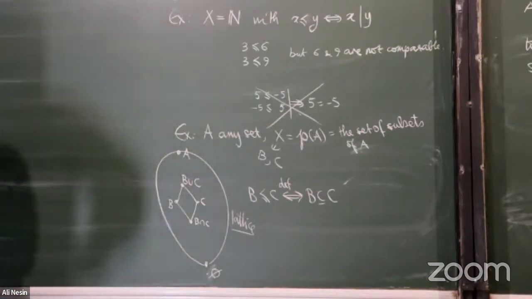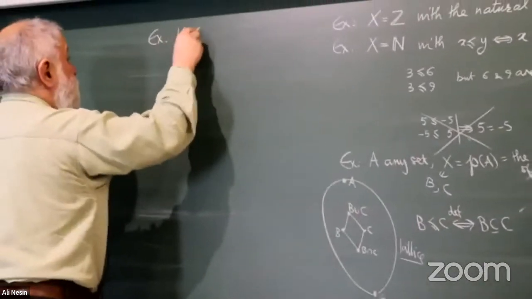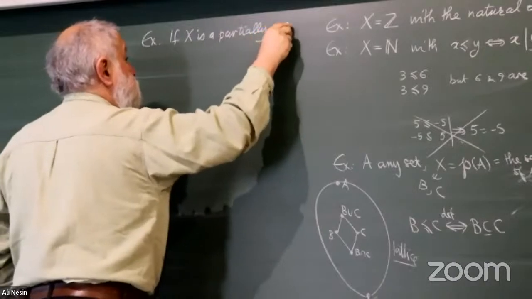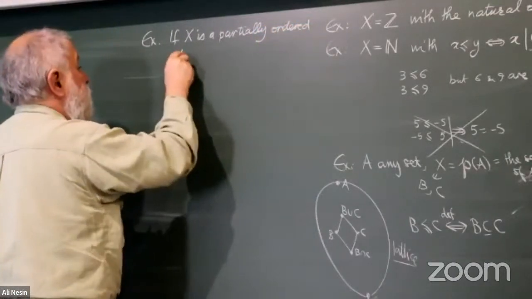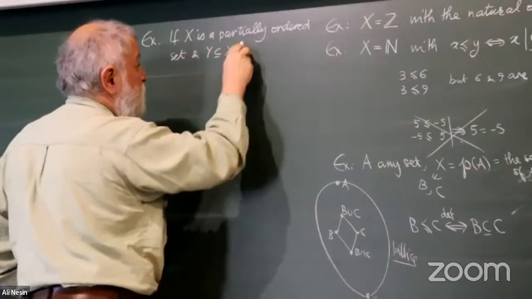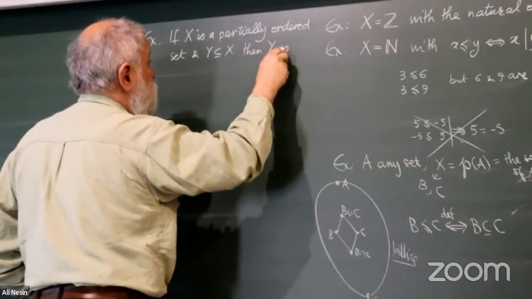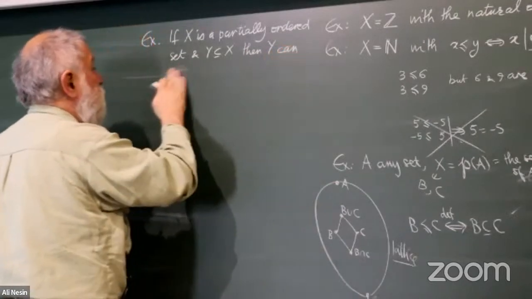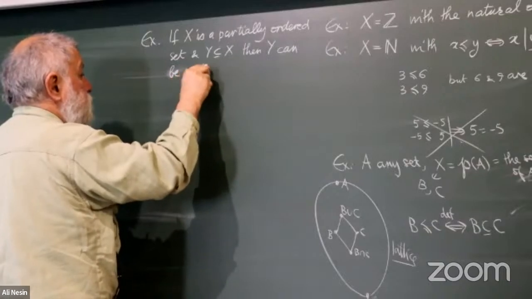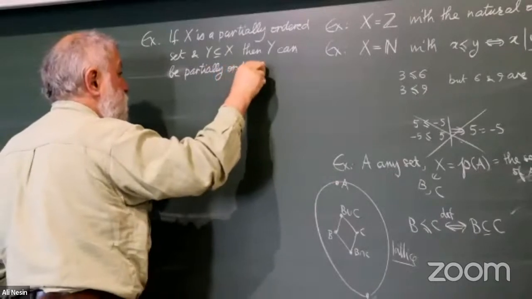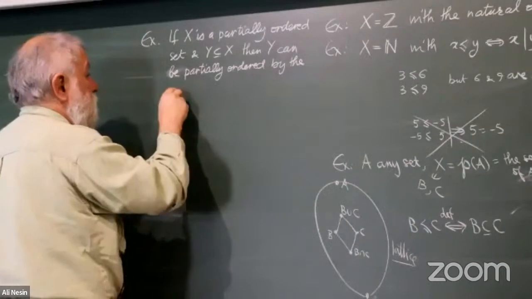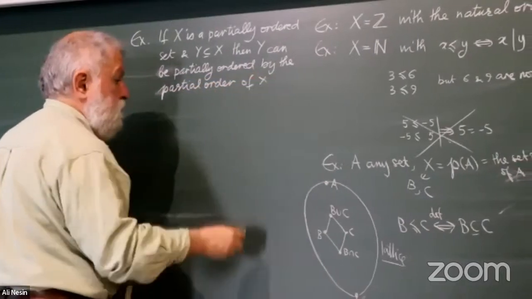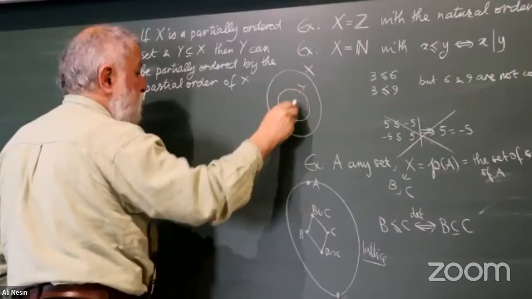What else? Example, if X is a partially ordered set, and Y is a subset of X, then Y can be partially ordered by the partial order of X. You have a partially ordered set X, you have a subset Y. Well, there's an order also, the same thing, right?